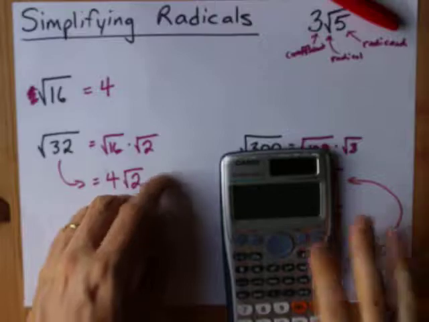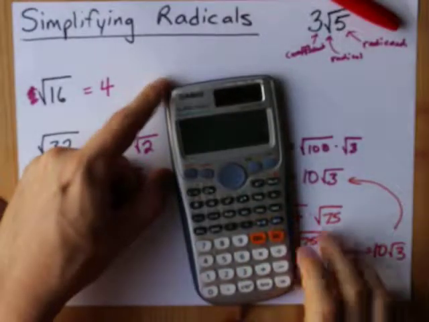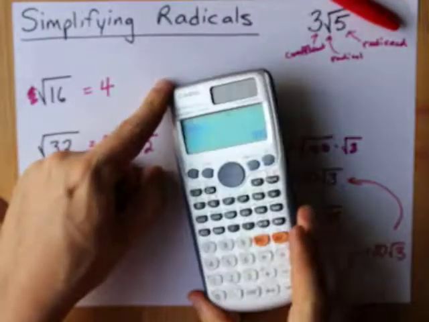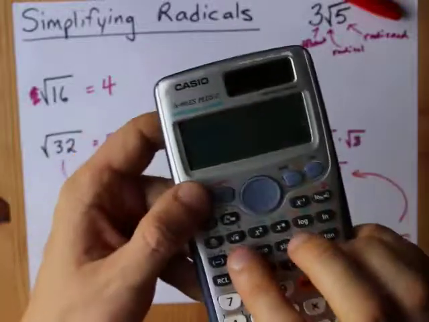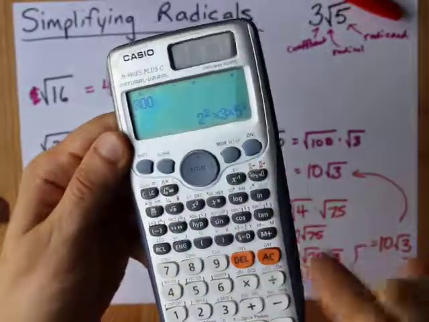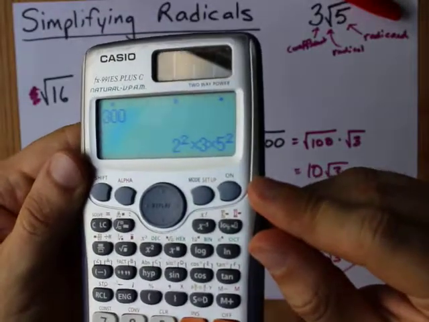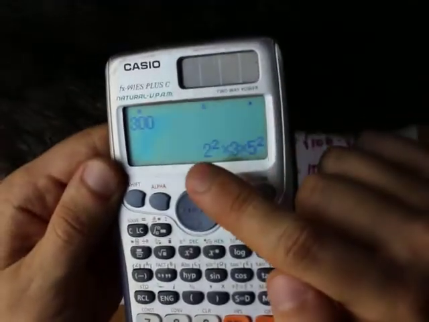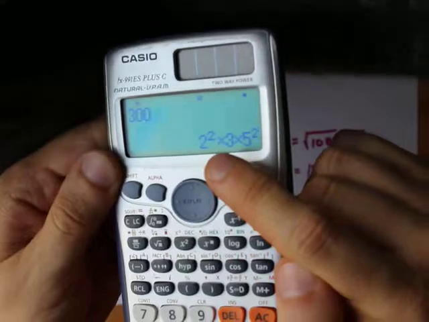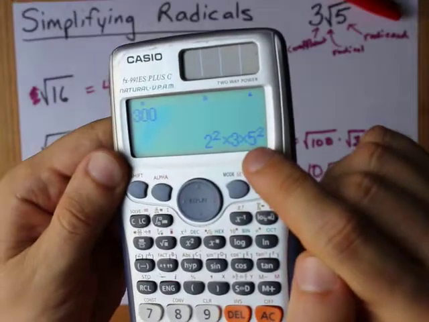It says fact there. So what I can do is type in my number 300. I press equals to make sure that I'm dealing with the number 300. And then if I press Shift Fact, it'll break it down into what's called its prime factorization. 300 is 2 times 2 times 3 times 5 times 5.